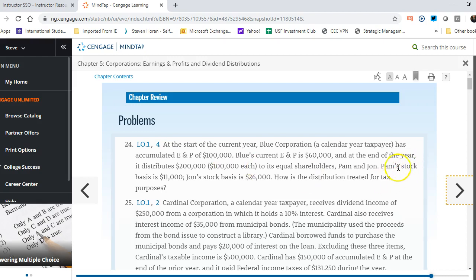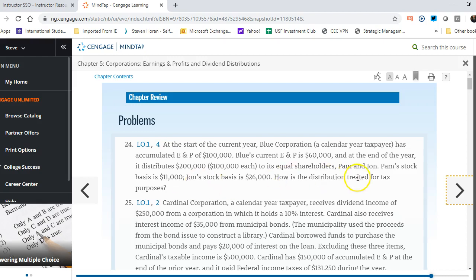Take a look at the 20,000 for Pam. She's got a basis of 11,000, so that 11,000 would be a return of basis, and that means the 9,000 left over would be capital gain. So for Pam, 80,000 dividend, 11,000 return of basis, 9,000 capital gain.